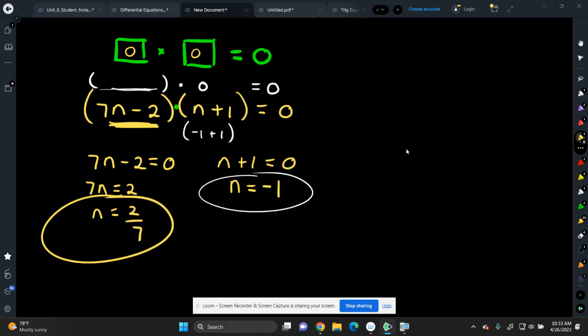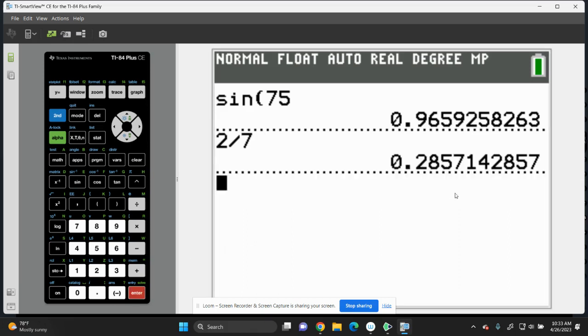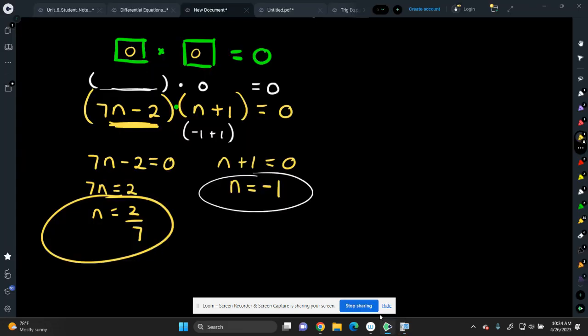Like, we wouldn't want to write this as a decimal because 2 divided by 7 is a decimal that we would have to round, and that's not going to be accurate. If it was like 1/4, that's a decimal that terminates, that ends. I don't have to round that. If you have to round the decimal, leave it as a fraction. Okay? And you can use your calculator to put it back into fraction form.